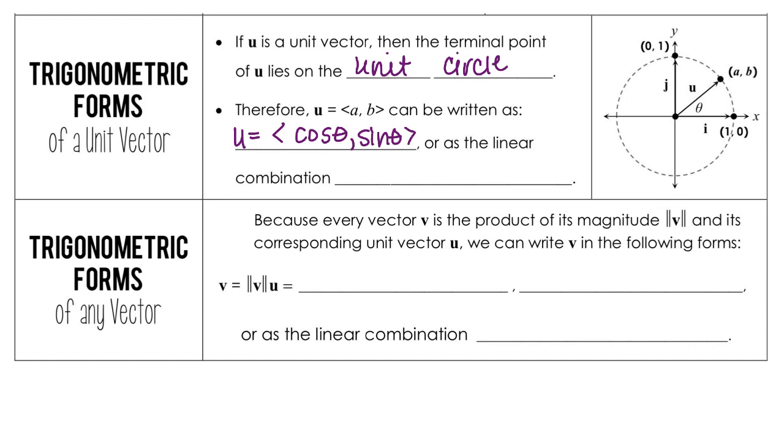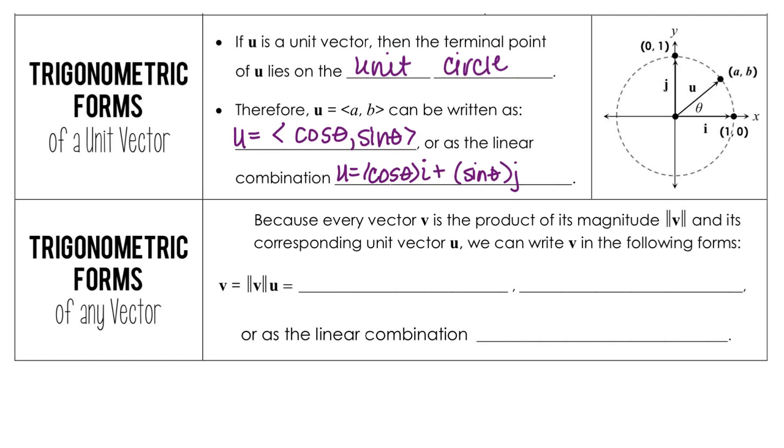Or in a linear combination, we would say that u is equal to cosine theta times i plus sine theta times j. And again, that's going to get us in our linear combination.